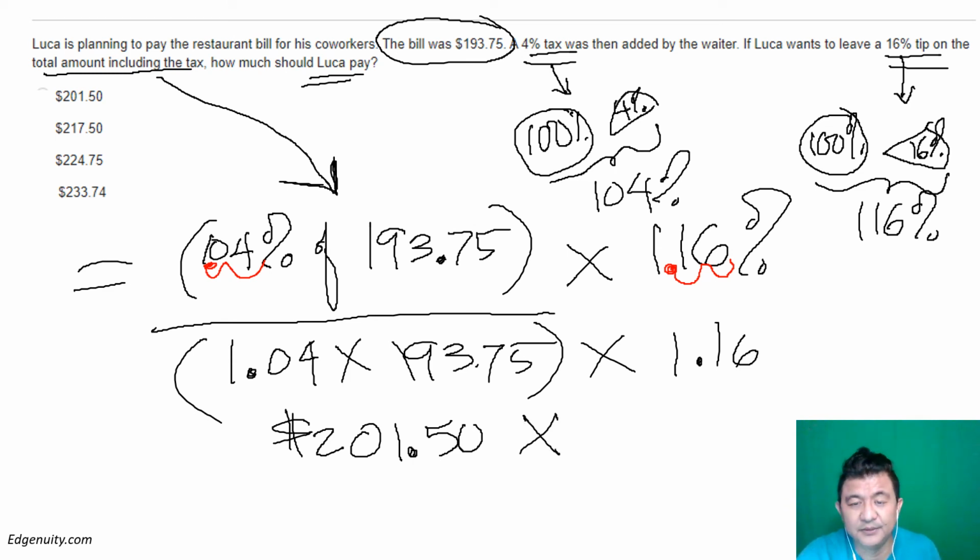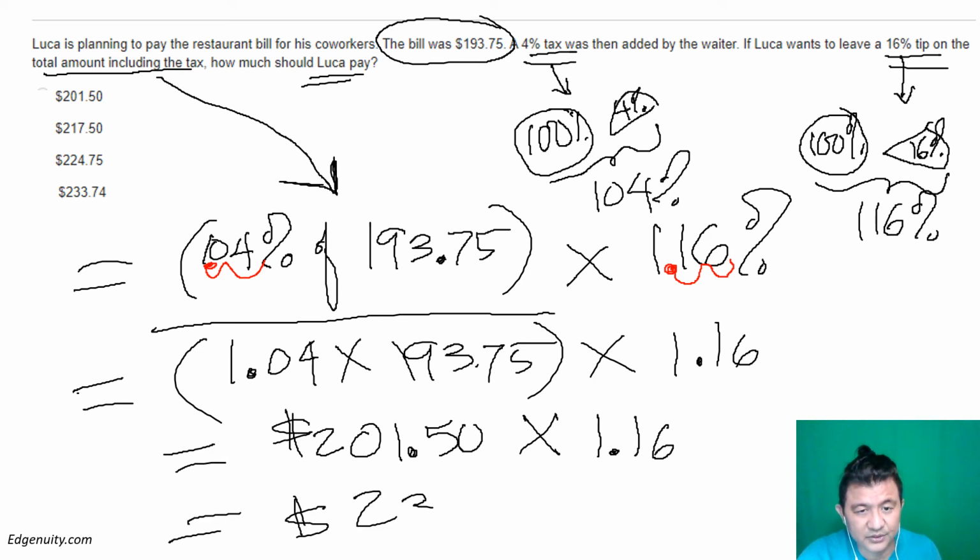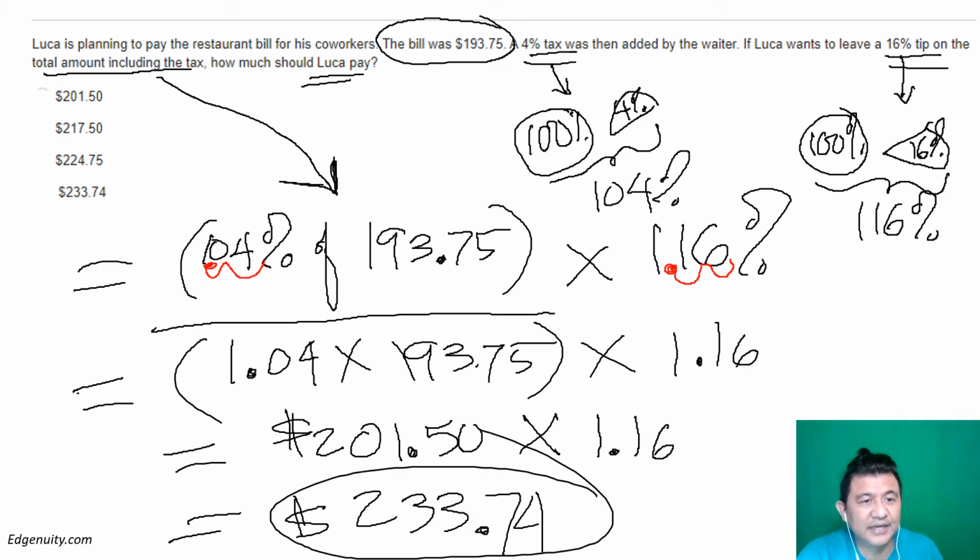The whole meal times 16% tip, multiply them together, and you will get what? Okay, equals, the final amount will be 233.74. So that's the correct answer. Okay, we use shortcuts in doing this.